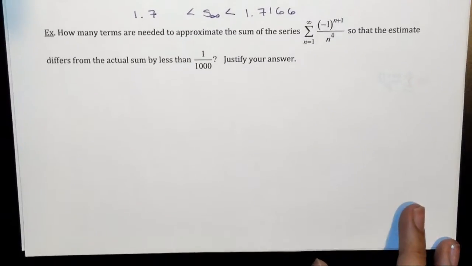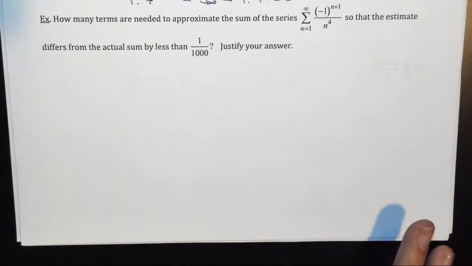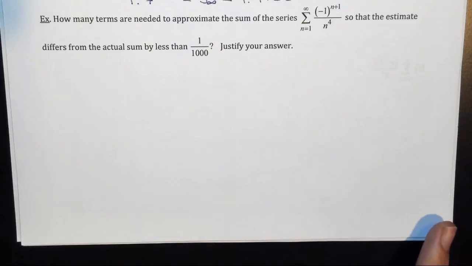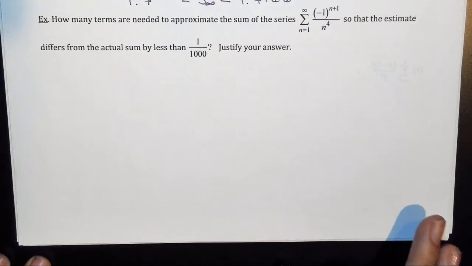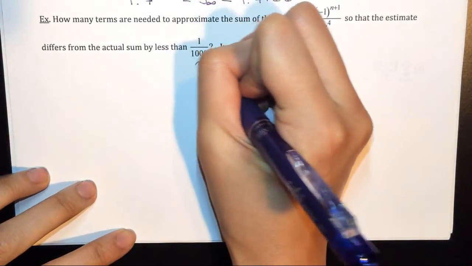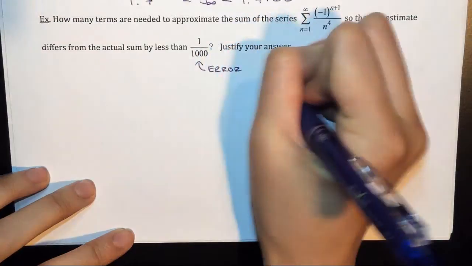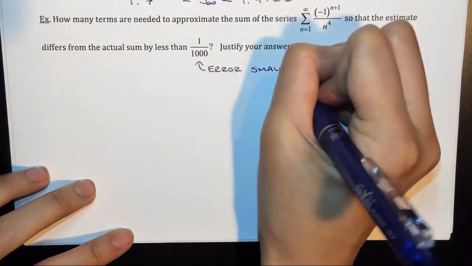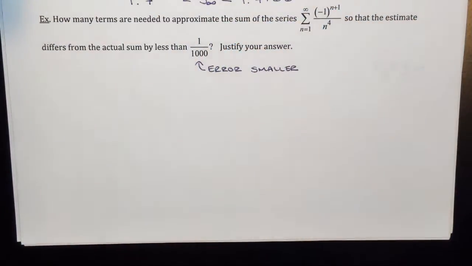Okay, so next, how many terms are needed to approximate the sum of the series negative 1 to the n plus 1 over n to the 4th, so the estimate differs from the actual sum by less than 1 over 1,000. So I want my error to be smaller than 1 over 1,000.